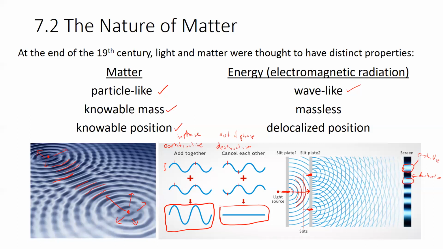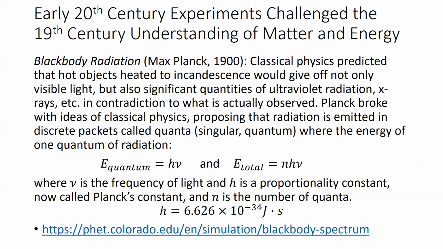But around the end of the 19th century is when we start to see some experiments that challenge that current understanding, the understanding at the time of light and energy versus matter. And so there are a couple of experiments that are important that we talk about.